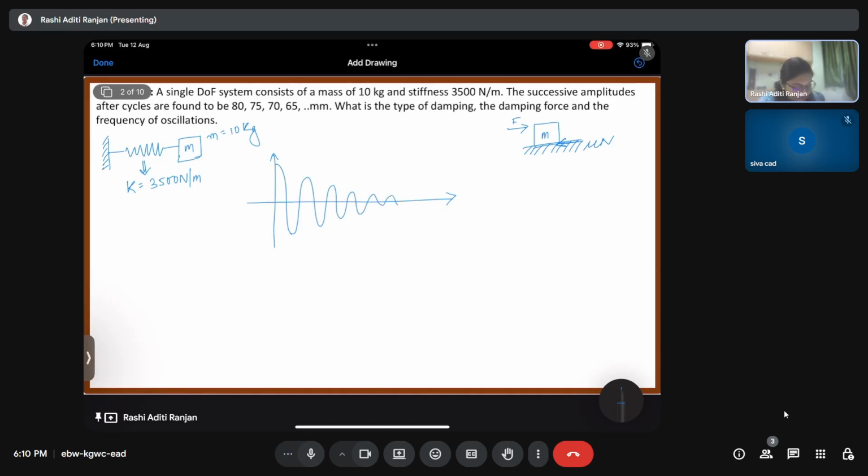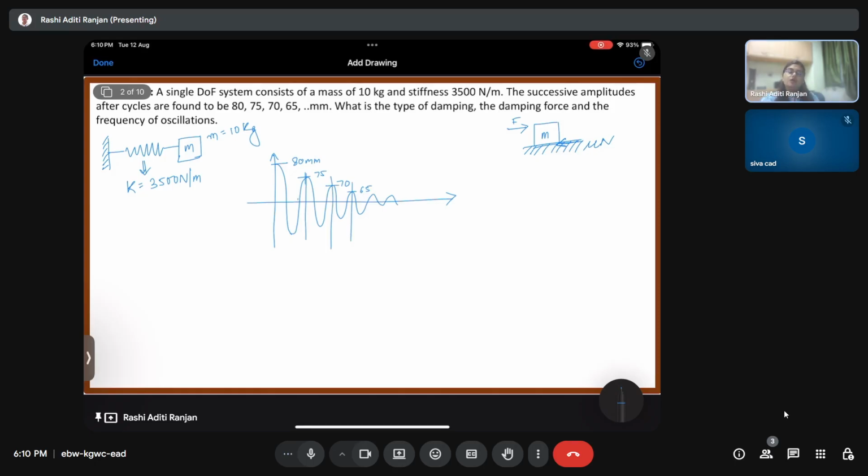And then we have 80 mm, 75, 70, 65, and likewise, at one cycle, two cycle, three cycle, like this.